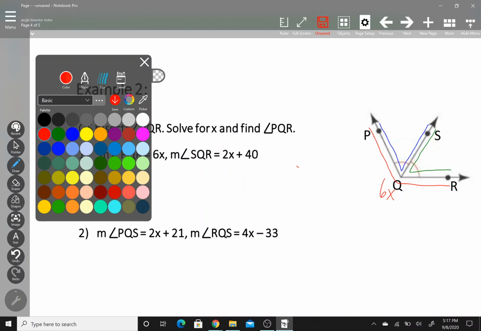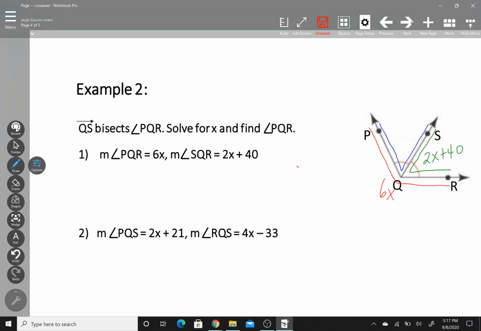All right, now we have to use the fact that it's being bisected. SQR is congruent to angle PQS. So if SQR is 2x plus 40, then PQS is also 2x plus 40.